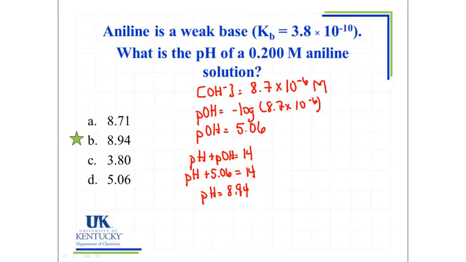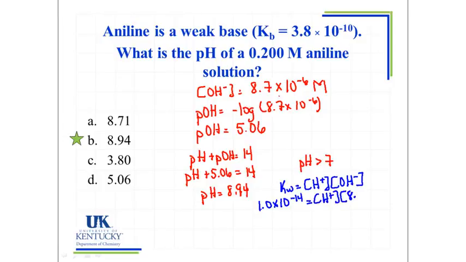This makes sense because we're talking about a weak base. We are expecting a pH greater than 7, which is what we see for a basic solution. If we chose, we could also take our hydroxide concentration and say that Kw is equal to H+ concentration times the OH- concentration, and we get 1.0 times 10 to the minus 14th equals our H+ concentration times what we calculated, which was 8.7 times 10 to the minus 6th.